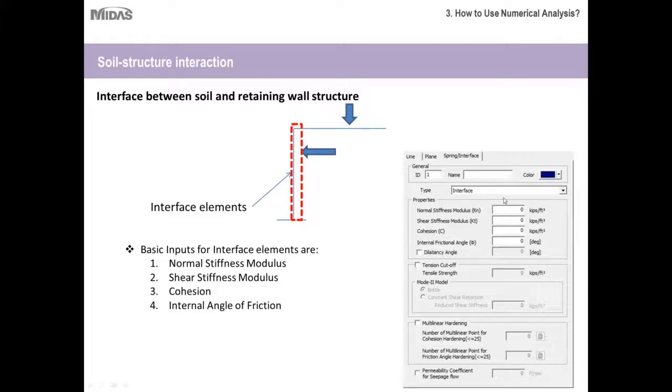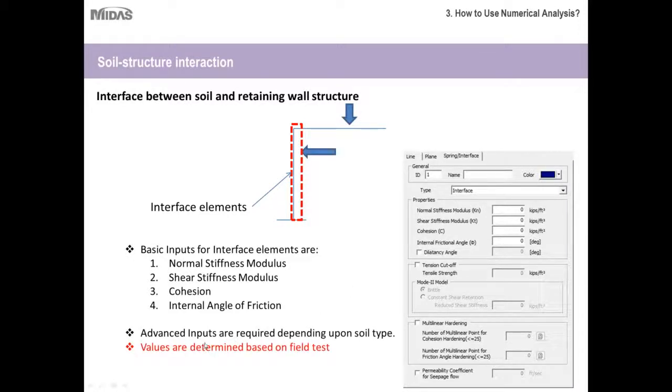So as you can see here, whichever program or software you're using must have something to accommodate the interface properties, and these properties are generally determined through field test data.